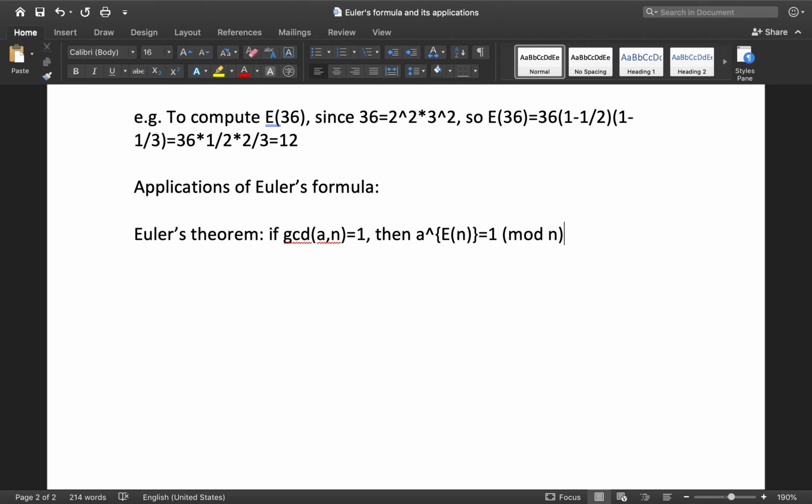But using congruence, we can reduce the value, because usually we only consider the remainder when dividing that number by some other positive integer. And how do we get the remainder? Again, you take the congruence, and you keep reducing the value until you get a number between 1 and the divisor. Then you get the remainder.